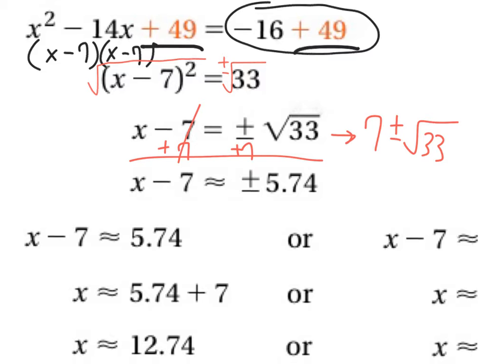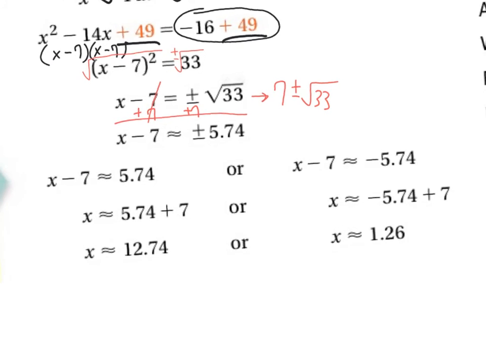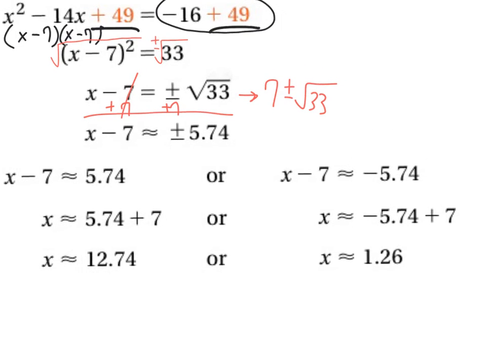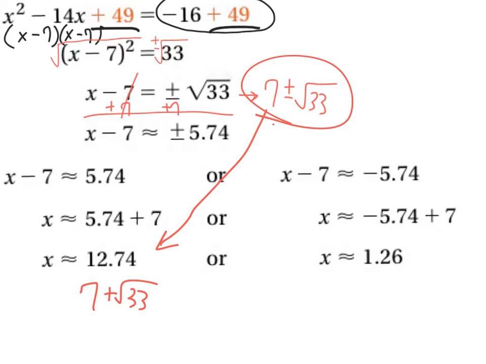And that's how I like to work this out. I like to go ahead and just say, okay, that's my answer. And if it asks for an exact answer, you can leave it like that. If they wanted a rounded answer, then we can work them out separately. So over here, this would be 7 plus the square root of 33.